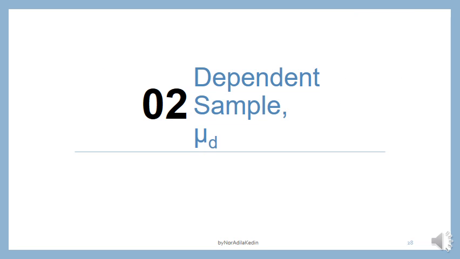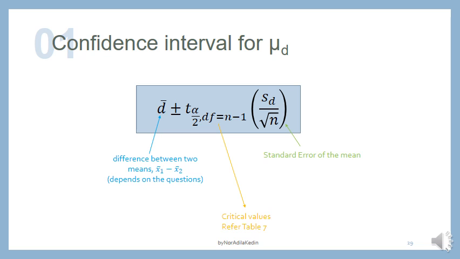Okay, so sekarang kita nak tengok pula dependent sample, two dependent sample, right? Ataupun paired sample. Okay, untuk dependent sample, kita pakai D bar.